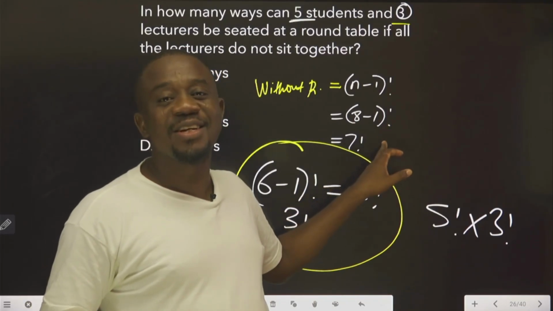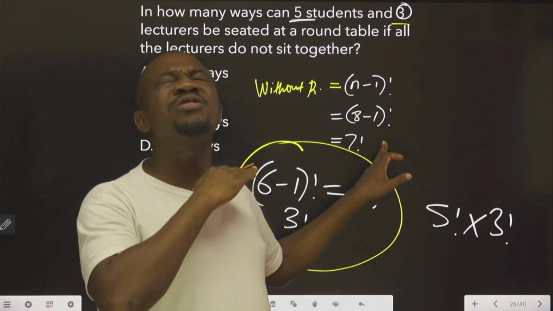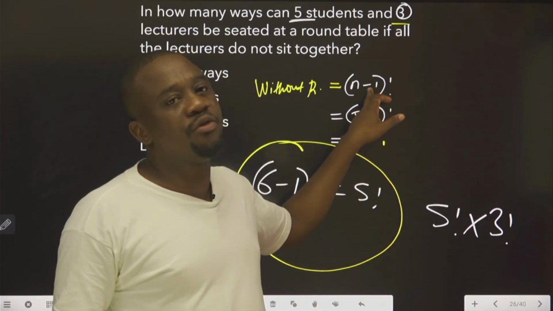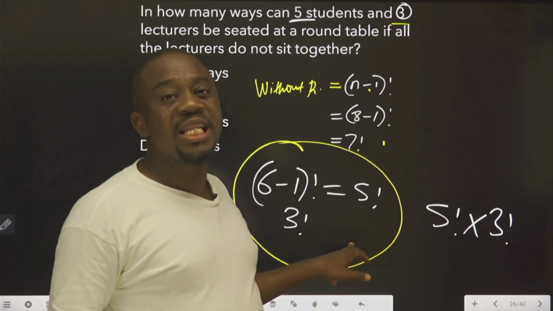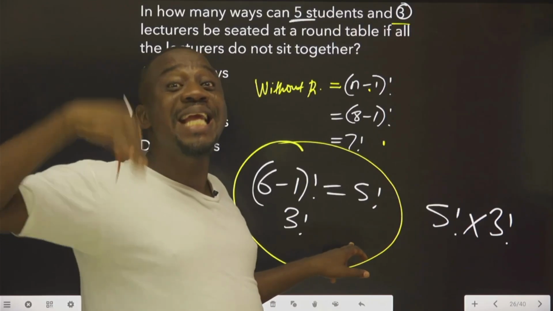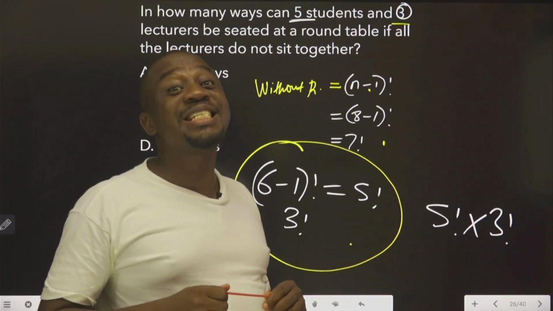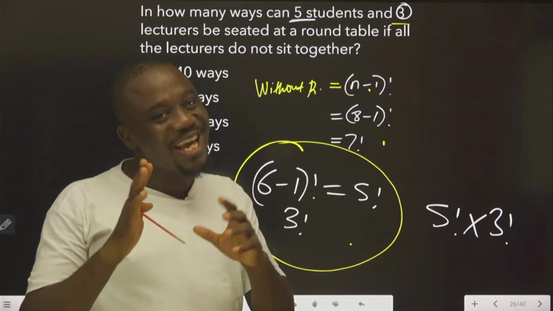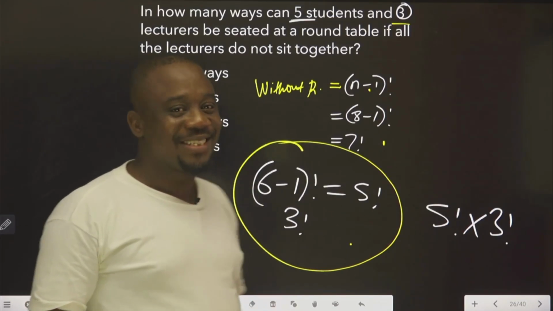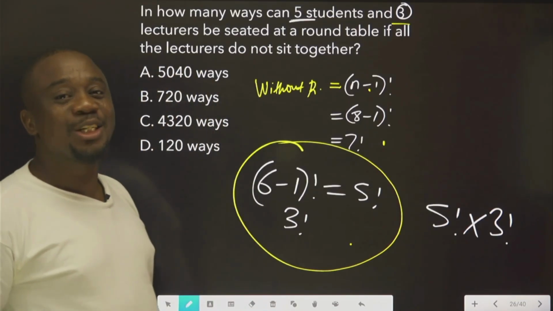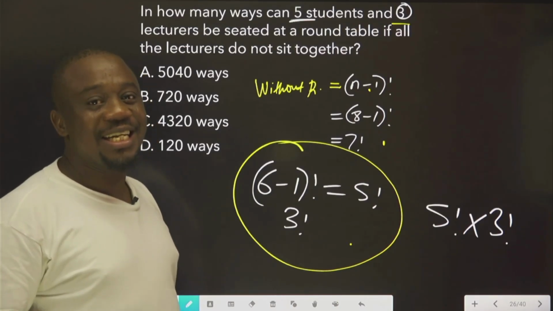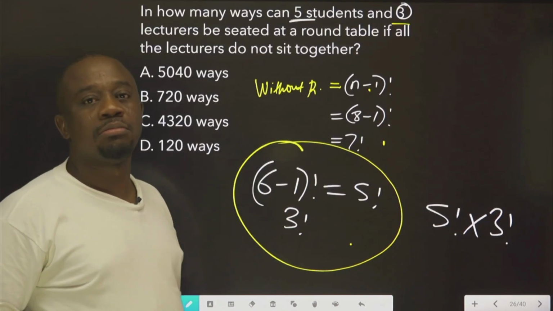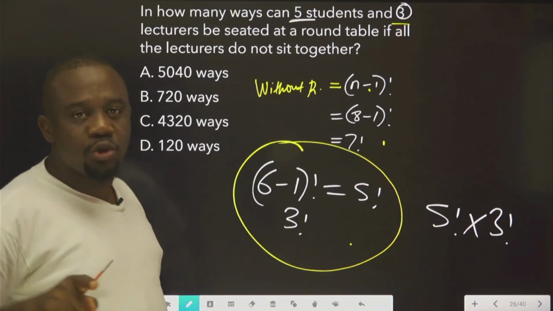Everybody is sitting round the table, that's why we are removing one. But here, the lecturers must sit together, while the question says they should not sit together. This is where the solution comes in. If you want to get those that sit together, it is always everybody sitting down minus sit together.